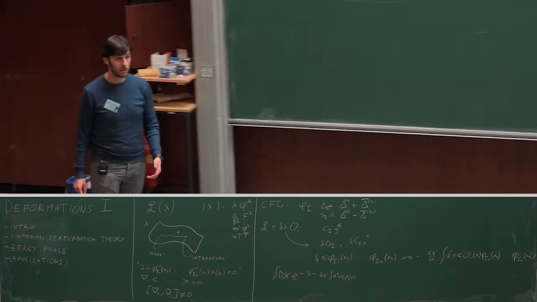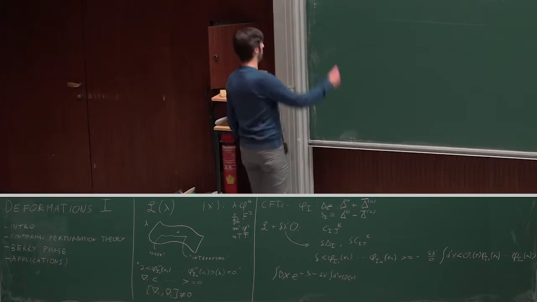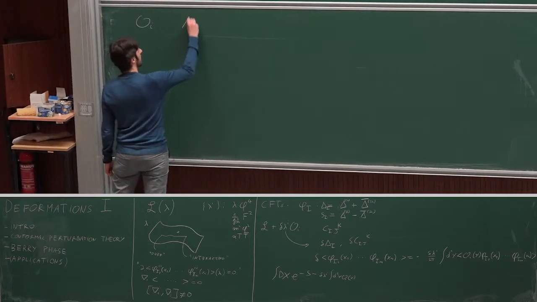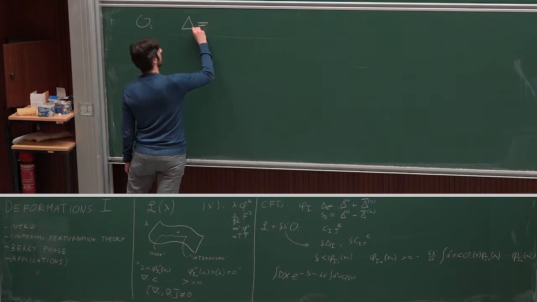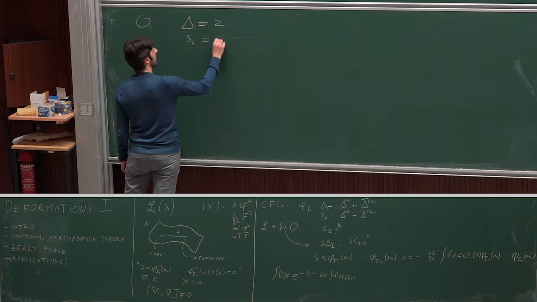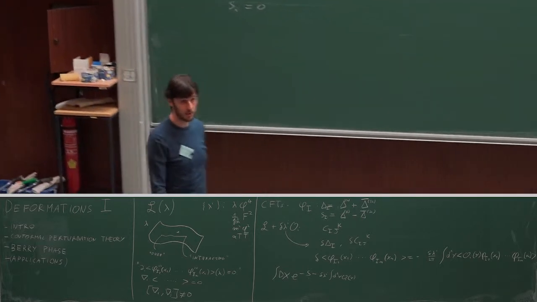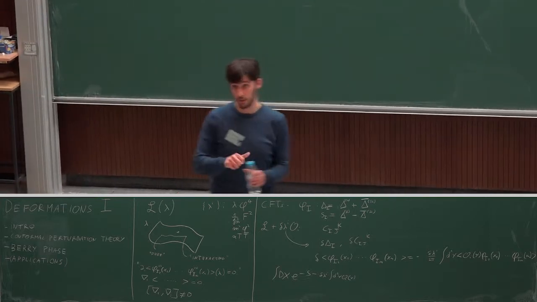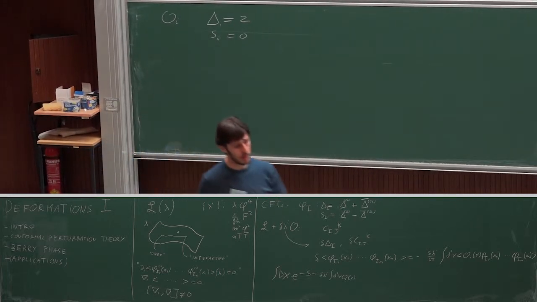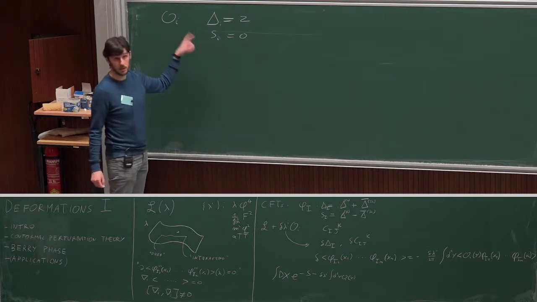So your first exercise would be to derive the first restriction on this operator, which is that its conformal dimension needs to be equal to 2, and its spin needs to be equal to 0 for that expression to even have a chance of defining a correlator of a conformal field theory. So this will be our first marginality requirement for our operators.